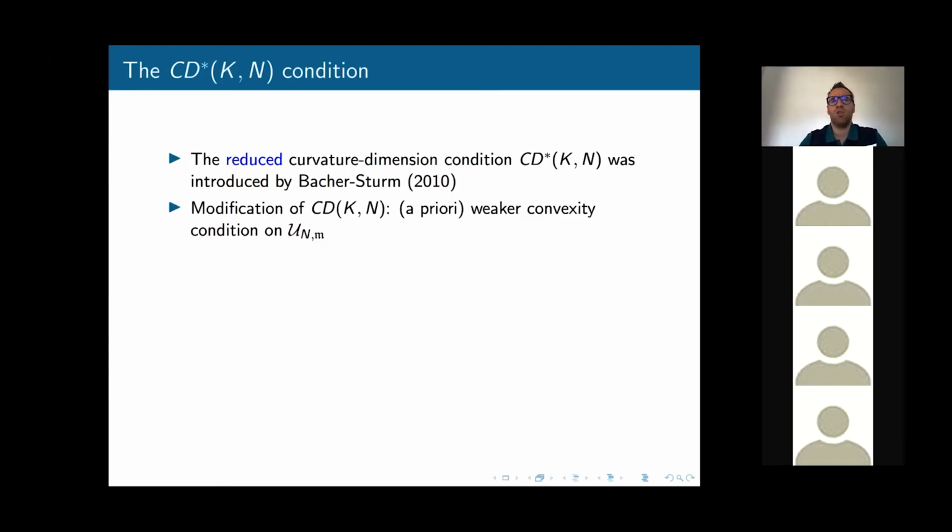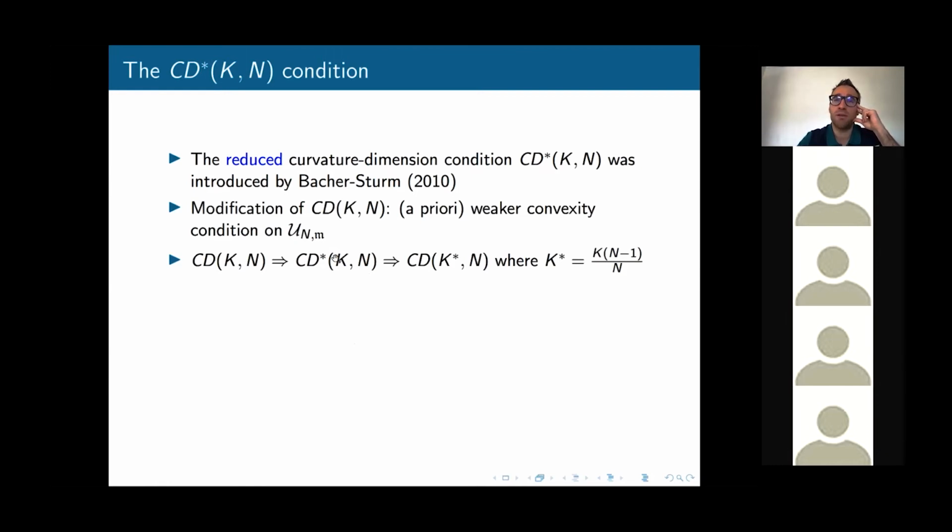Well, this is a modification of the CD(K,N) condition, which asks a priori a weaker convexity condition on the Rényi entropy. What is always true is that the CD(K,N) condition always implies CD*(K,N), so CD* is always weaker than CD(K,N).